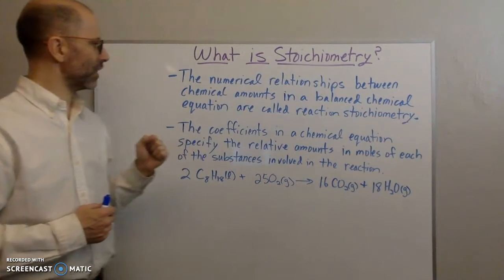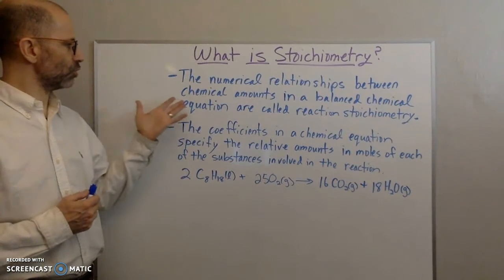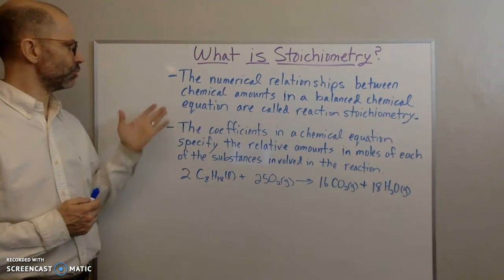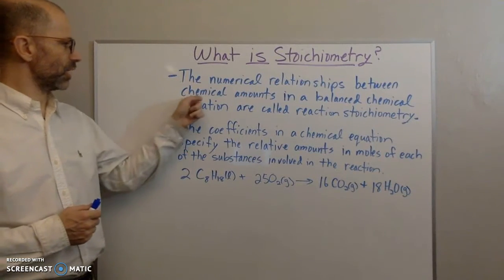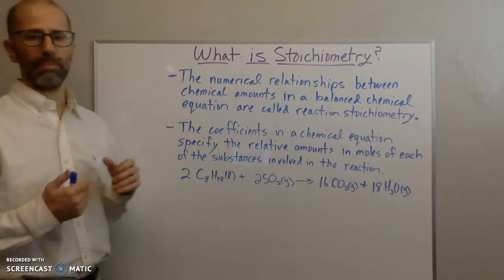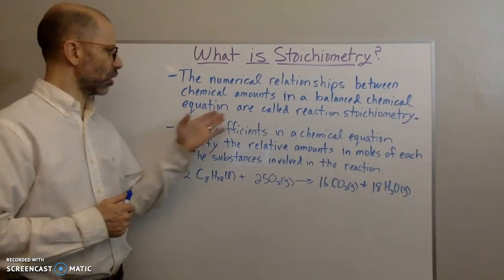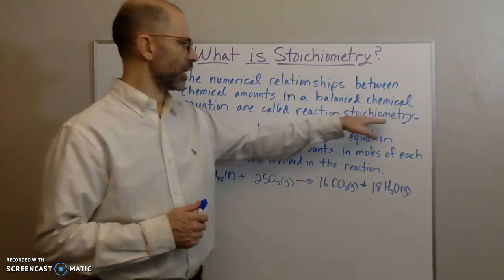Taking that and then we apply also to the definition, we read here that the numerical relationships between chemical amounts in a balanced equation are called reaction stoichiometry.